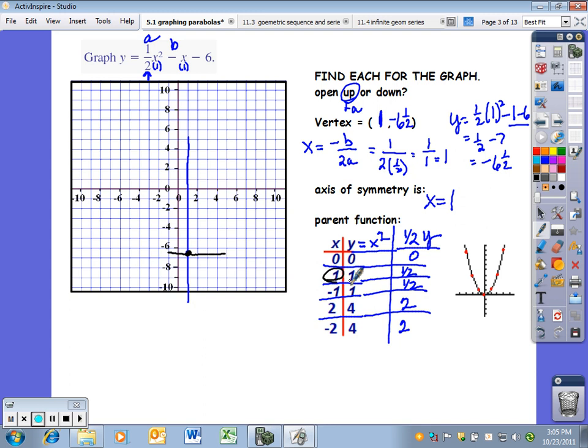Then I would plot (1, 1/2), (negative 1, 1/2), (2, 2), and (negative 2, 2). And I would have 5 points that I should be able to now draw my parabola through.